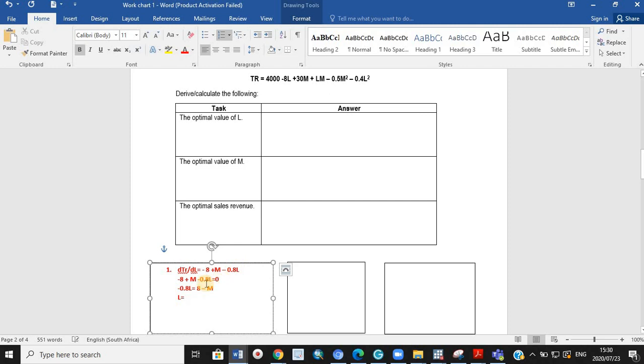It comes this side is plus, is minus. All right, so this is going to be minus 10.